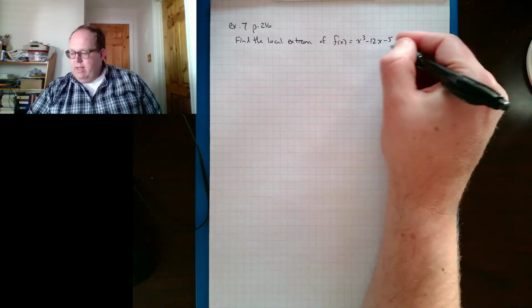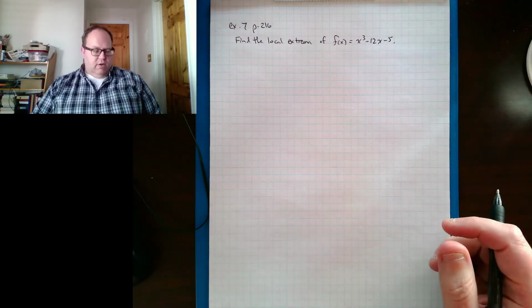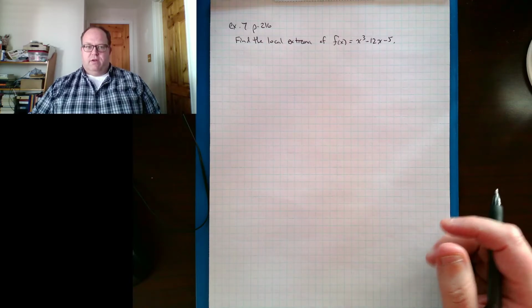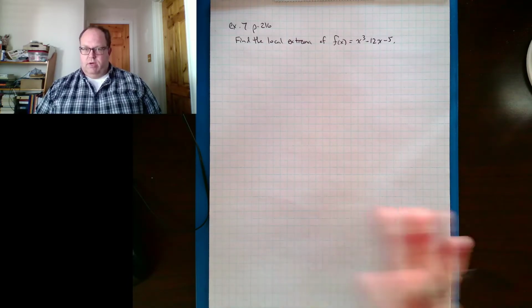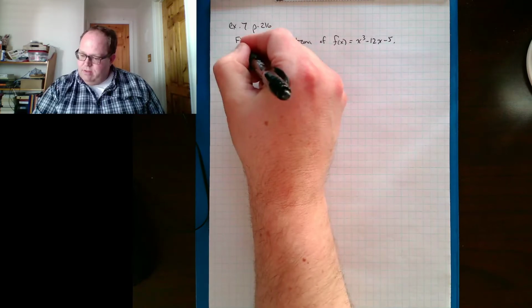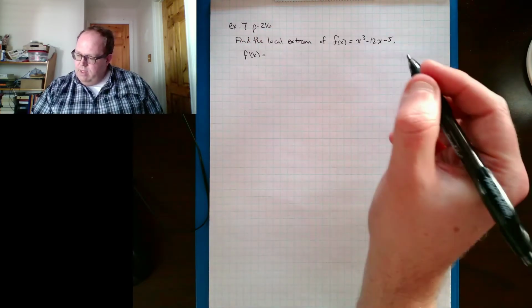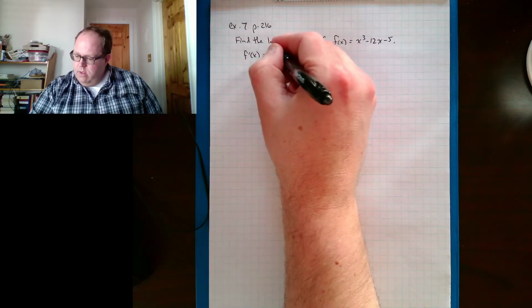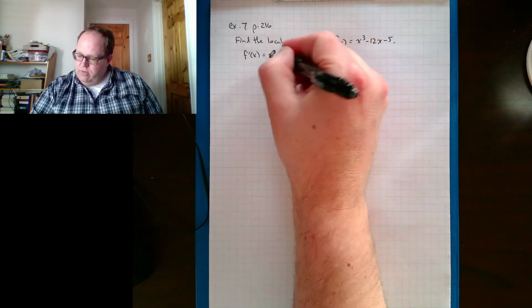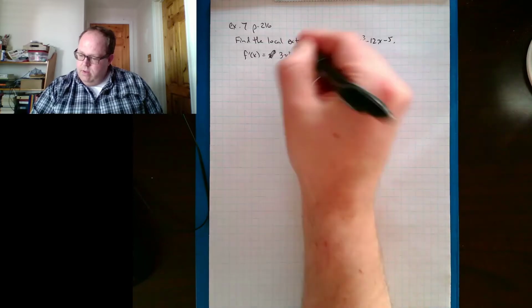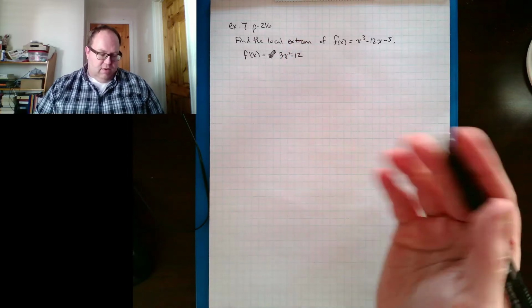Now this will look a lot like the first example, but we're going to use the second derivative in this case to figure out what's a maximum or minimum, as opposed to worrying about the signs off of either side of things. So my first derivative is equal to 3x squared minus 12, similar to what we had before.